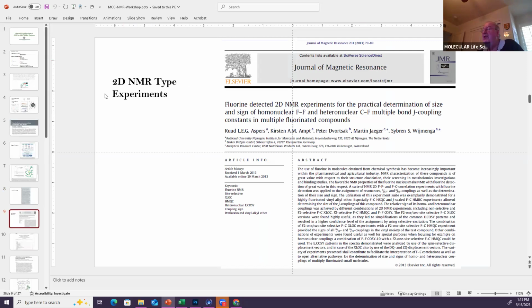So you can do all the regular 2D type NMR experiments using fluorine, and this paper talks about that. You can look at the coupling constants in multiple fluorinated compounds and things like that.